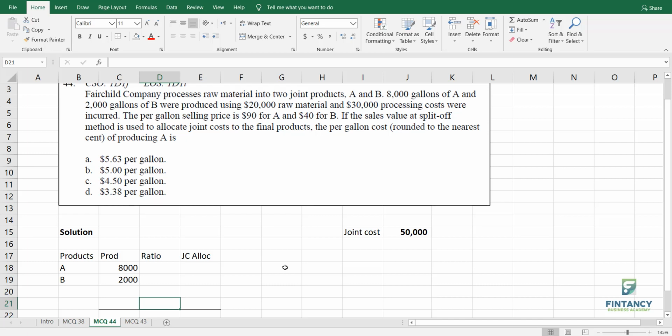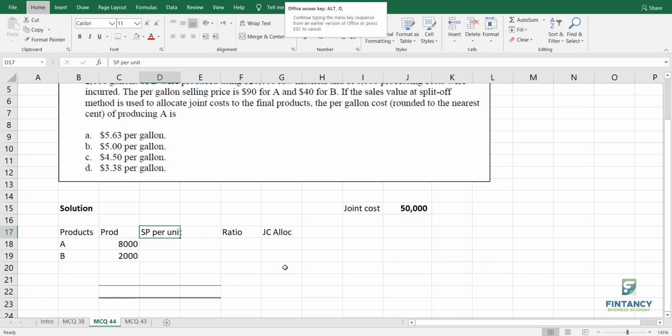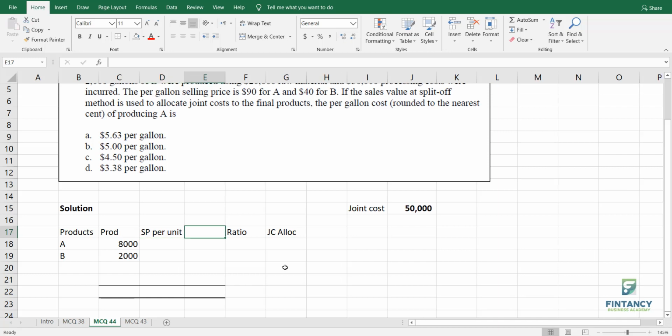Okay. So what I will do is, before calculating the ratio, I need to calculate what? I need to calculate two things. First of all, I will write the selling price per unit here. Okay, unit means gallon. And then I will get sales value at split off point. You can write like this in shortcut to save your time also.